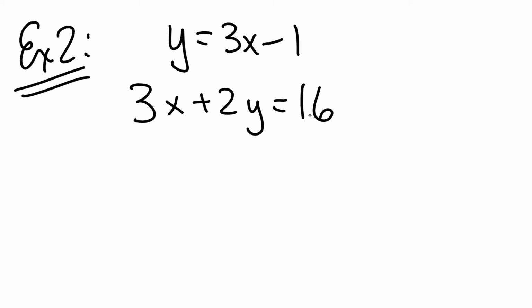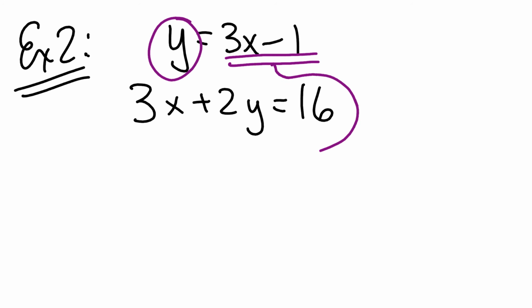So this is a system of equations. This line's easy to graph. This one, not so much. But we notice that one of our equations is solved for y. This thing is y. And because this thing is y, it can replace y in any other equation.